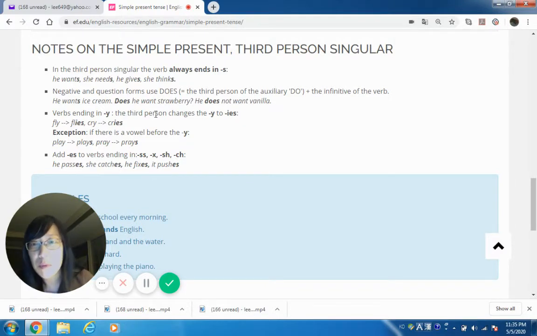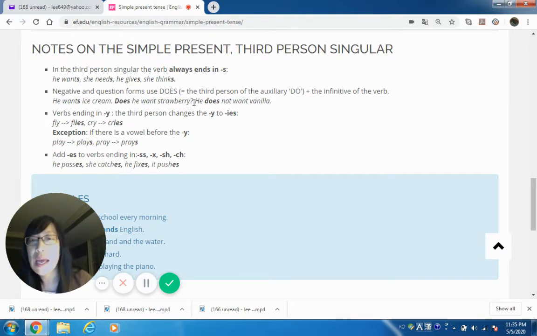I hope you remember in English we use a helping verb to convert a sentence to a question form or to make a positive sentence negative. And this helping verb does not add any meaning except making the sentence negative, from he wants ice cream to he does not want ice cream.